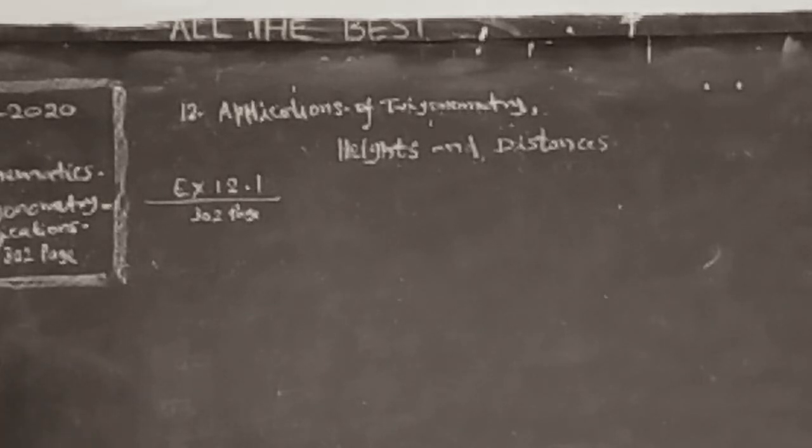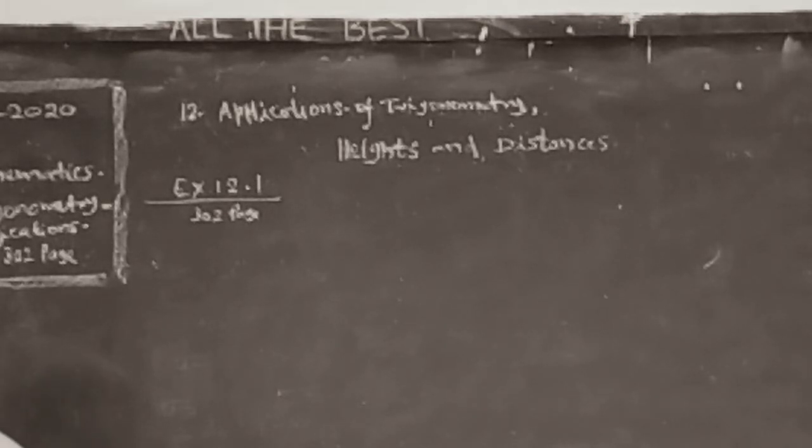From a point which is 15 meters away from the foot of the tower, the angle of elevation of the top of the tower is 45 degrees. What is the height of the tower? He is asking the height of the tower, given angle of elevation 45 degrees, and the observer is standing 15 meters away from the foot of the tower.